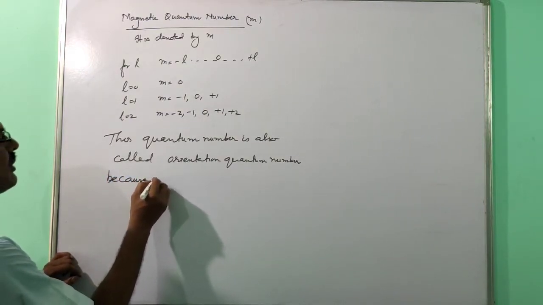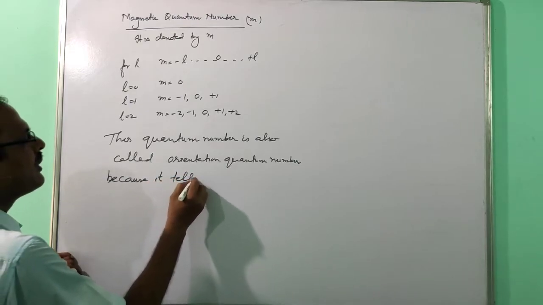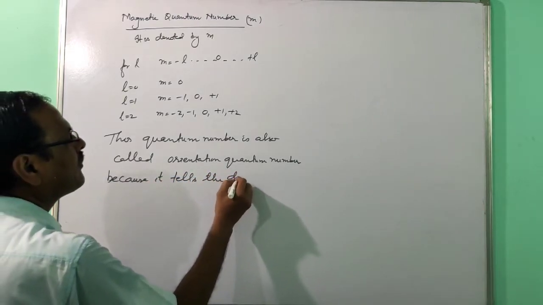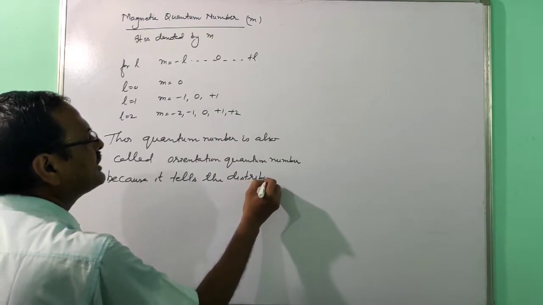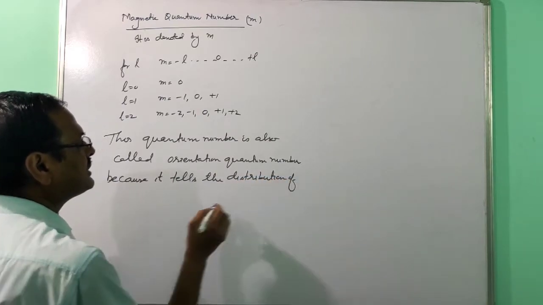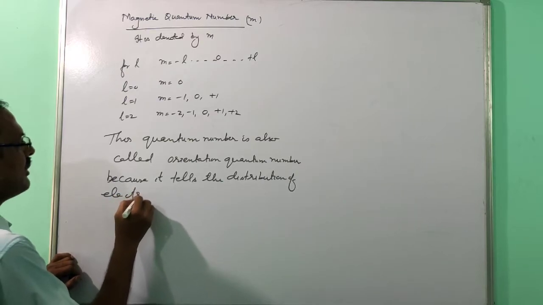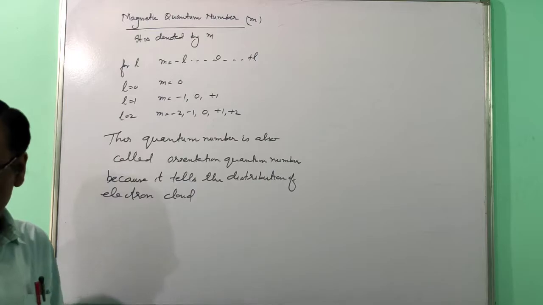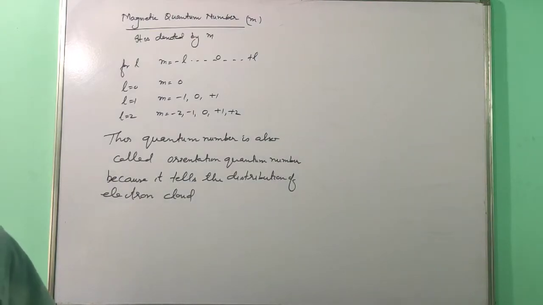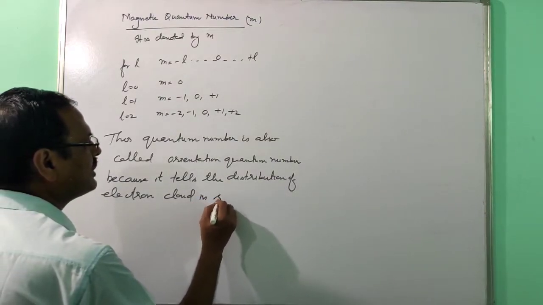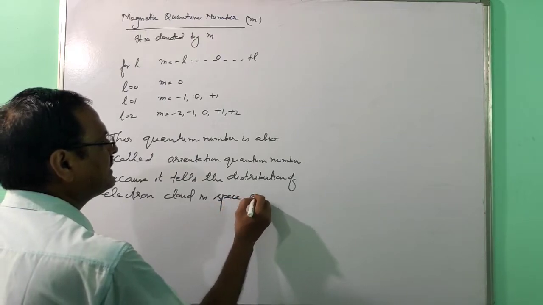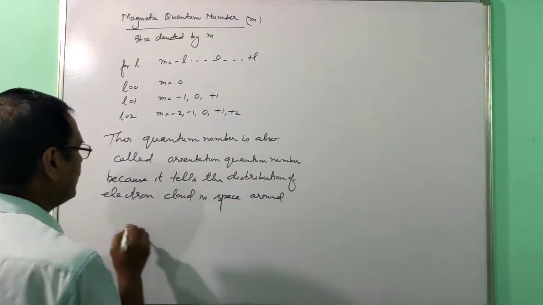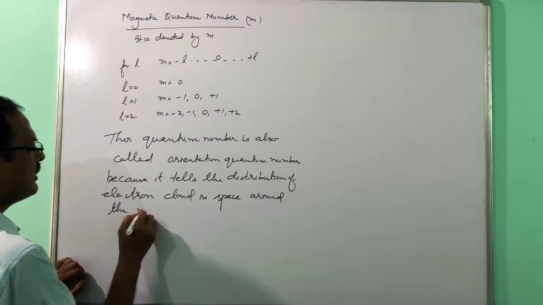It tells about the distribution of the electron cloud in space around the nucleus.